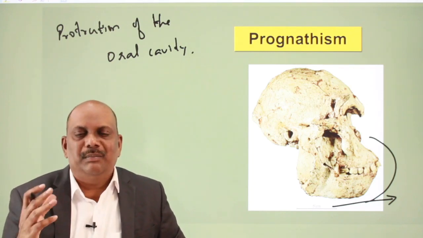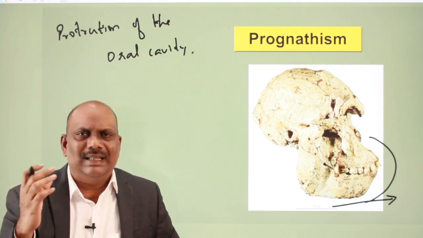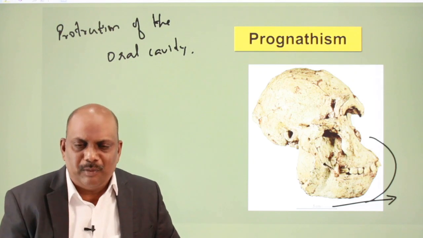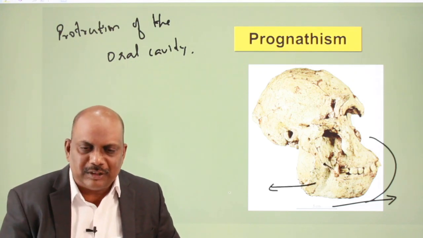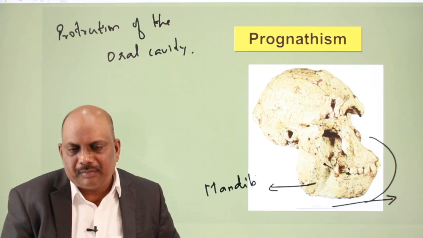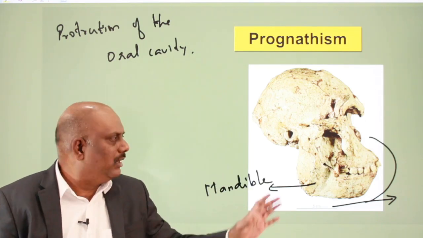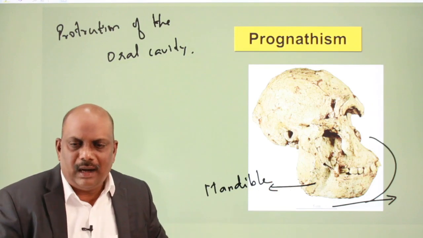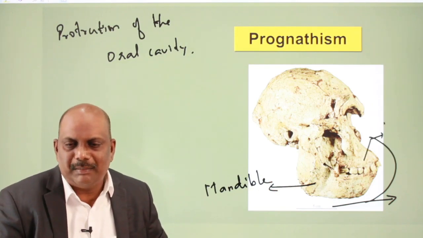This is largely because of two or three reasons. The first and foremost being a large and massive mandible. Mandible refers to the lower jaw, and the upper jaw is called the maxilla.